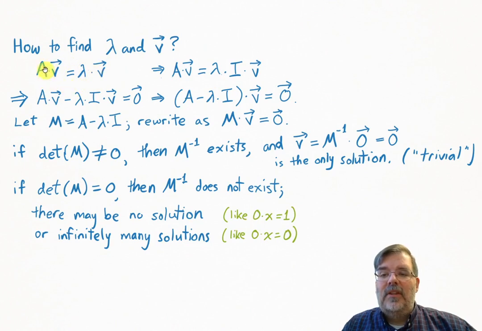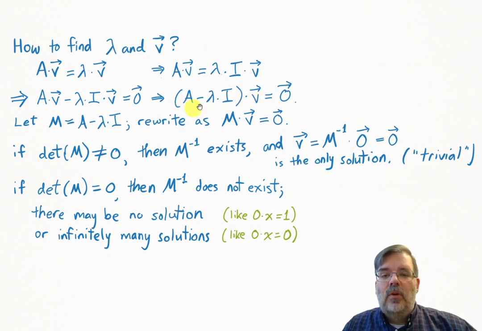So if we move everything over to one side, on the remaining side we have a vector consisting of only zeros, which we'll typically write as this. Now on the left-hand side, both of these terms have a v in it. So we can actually factor out multiplication by the vector v.